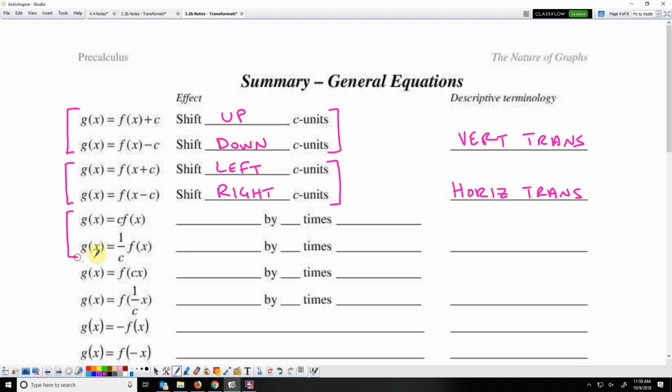These next two are going to go together. So we've got a constant times f of x. That means we're going to stretch by c units, or stretch c times, and it's outside of the function, so that is stretching vertically.